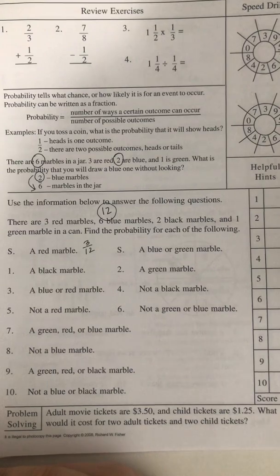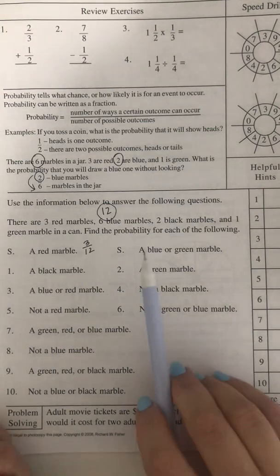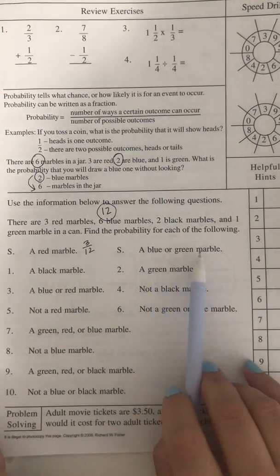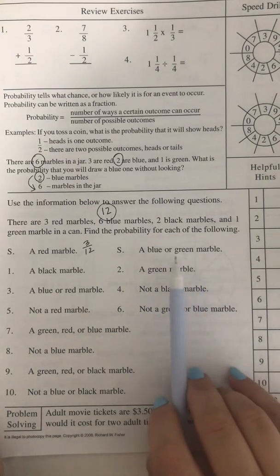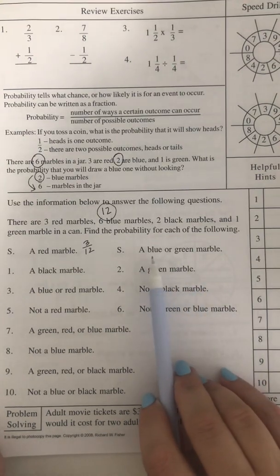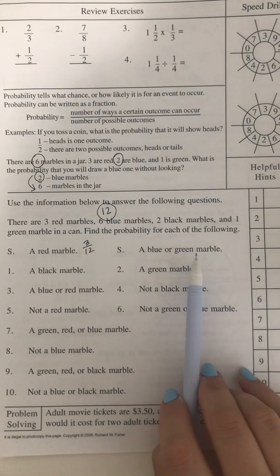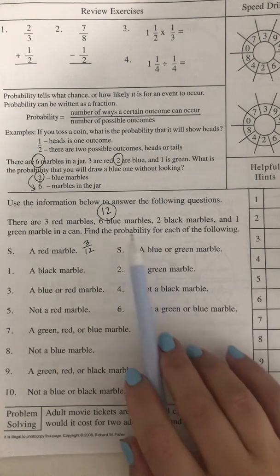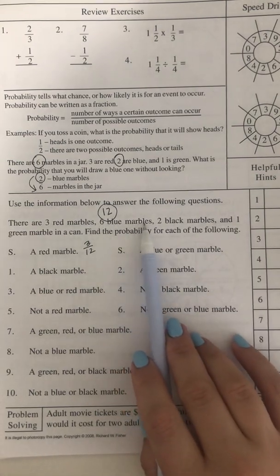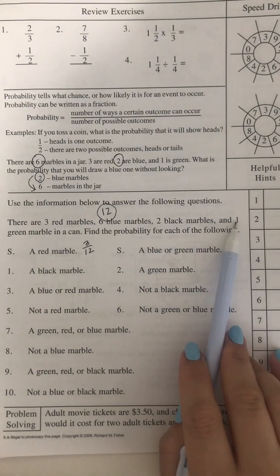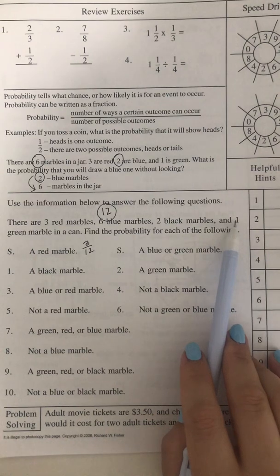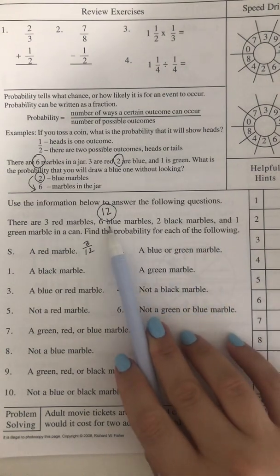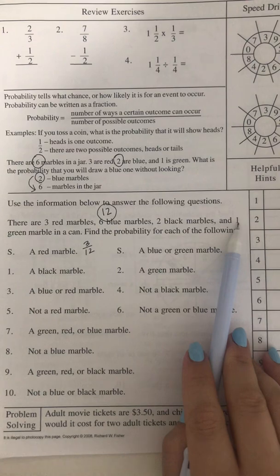Now, what are the chances that you would pull a blue or green marble? Okay, so make sure if it's asking for 2 that you combine those numbers. Well, there are 6 blue marbles and there is 1 green marble. So let's add those together. So we have 6 plus 1 makes 7.